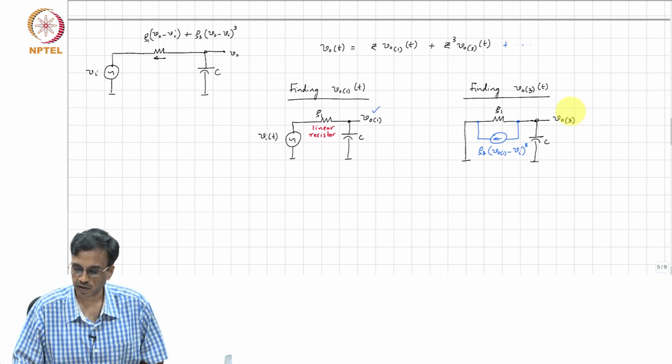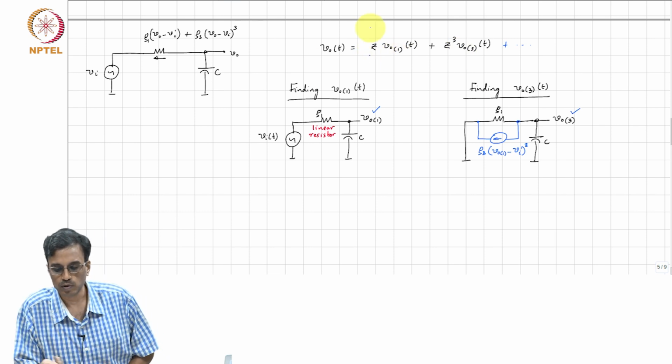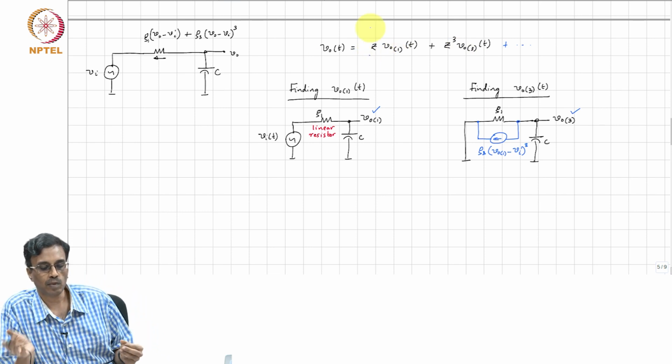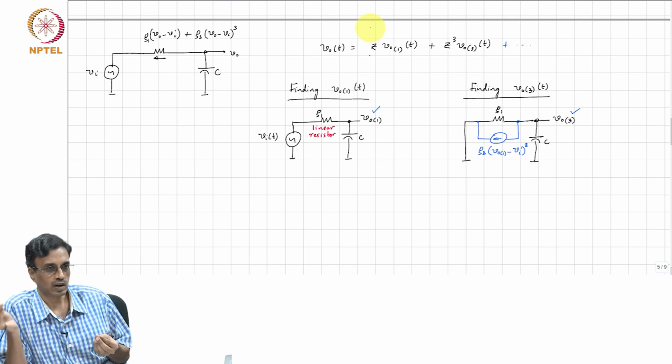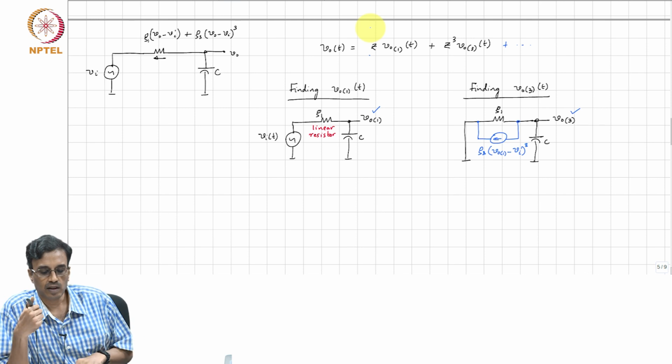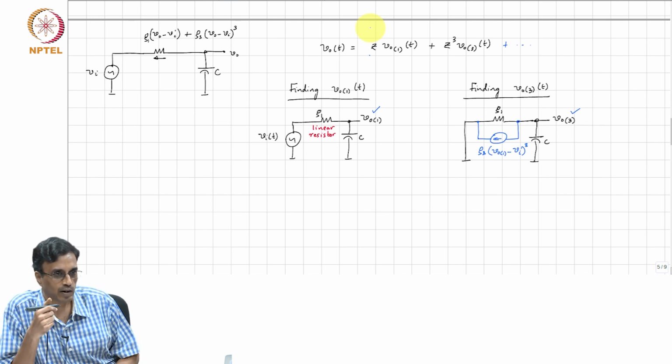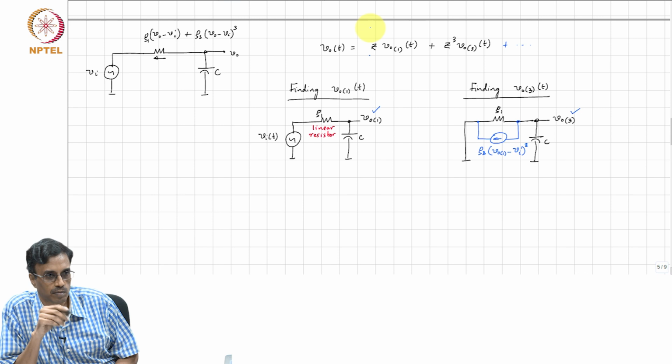Once you know this, put Z equal to 1. So, Vo of t is nothing but V01 of t plus V03 of t plus higher order terms. But the hope is that if the resistance is only weakly nonlinear, the higher order terms can be neglected.